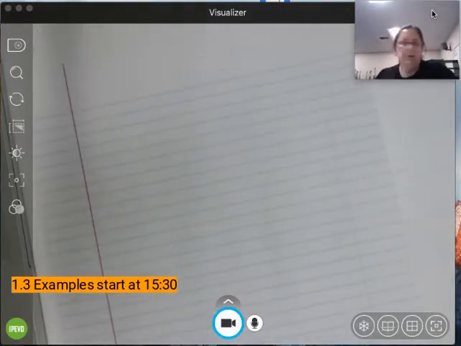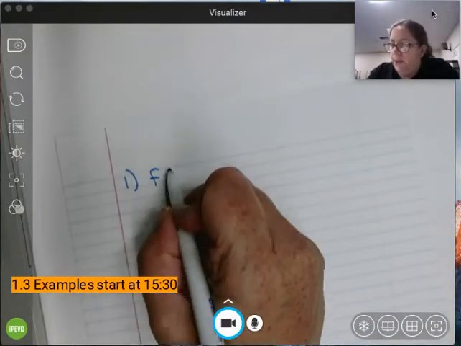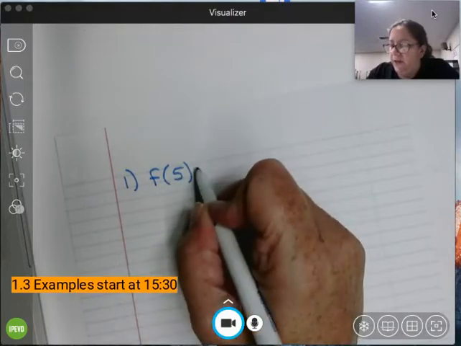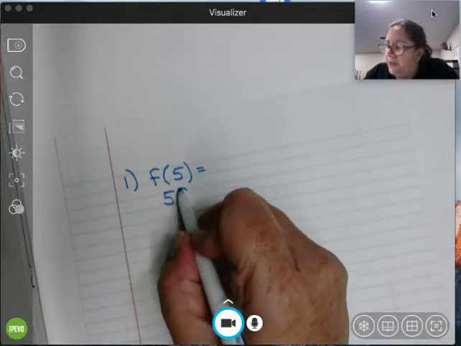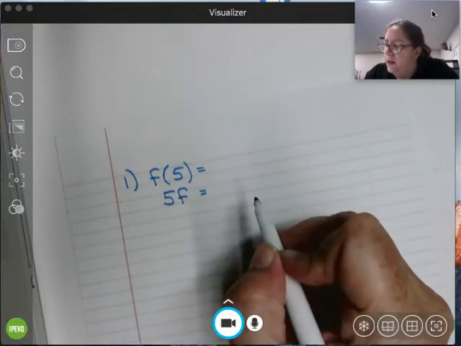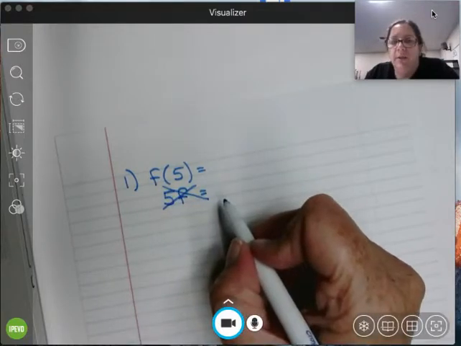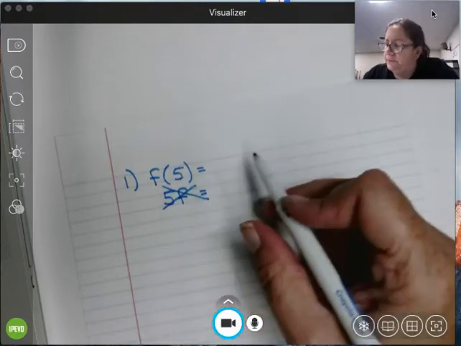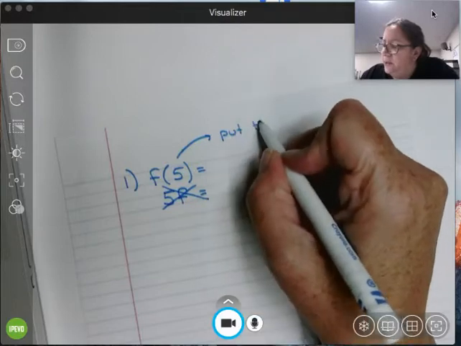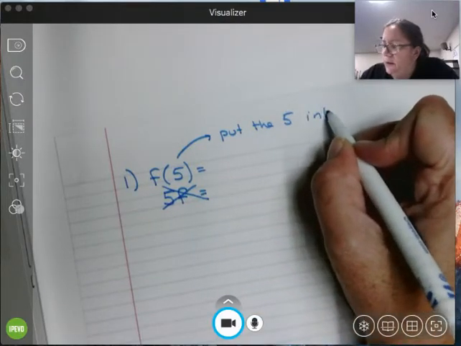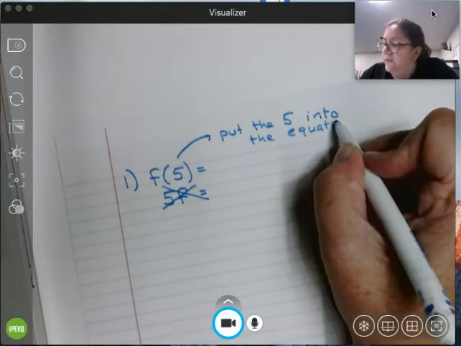It was interesting to uncover some misconceptions we had. When we looked at this f of 5, some people thought that meant 5f, and it doesn't. When you see f of 5, that means put the 5 into the equation in place of the variable.